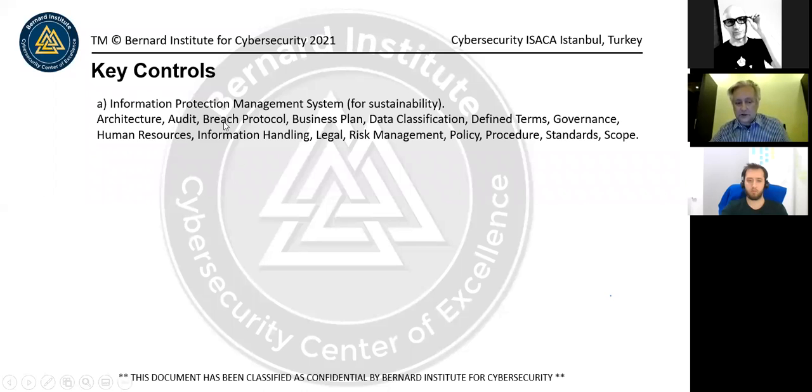So, the architecture, auditing, breach protocol, business plan, data classification, defining terms of reference, governance, human resources, information handling, legal aspects of GDPR, risk management policies, procedure standards, and scope are all things that need to be handled through some kind of a management process.